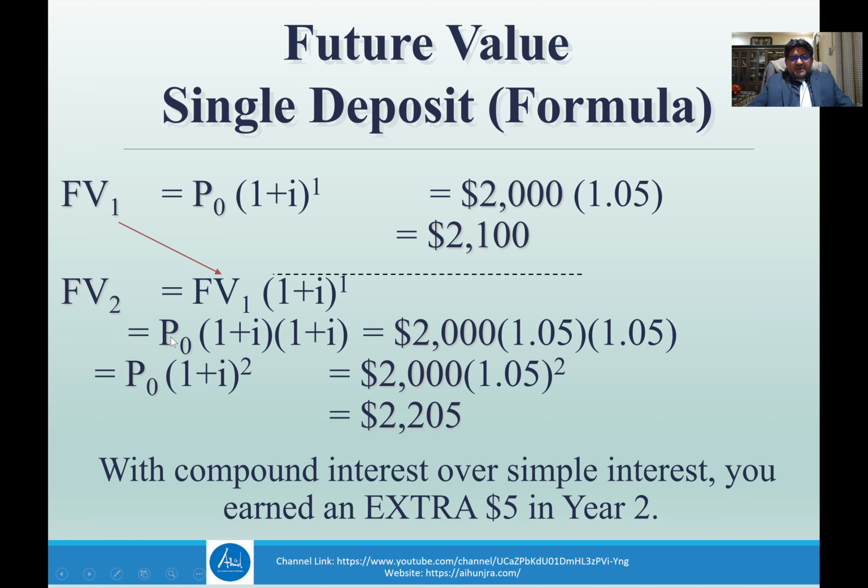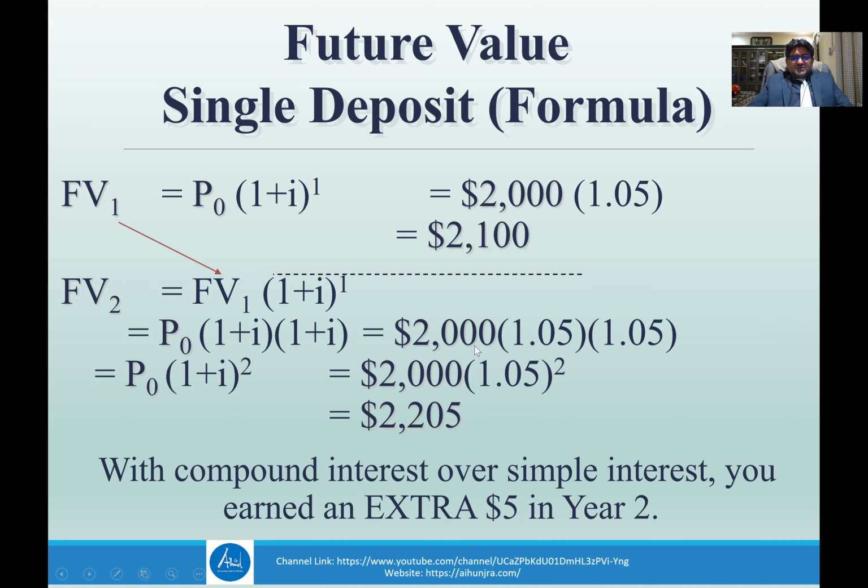Present value, meaning the investment amount, multiplied by 1 plus I, multiplied by 1 plus I. Here the bases are the same, the power is 1 and the power is 1, so we can add. So the future value of 2 years is the present value, today's amount, times 1 plus I raised to the power t or n. In this case n is 2, so we can simplify.